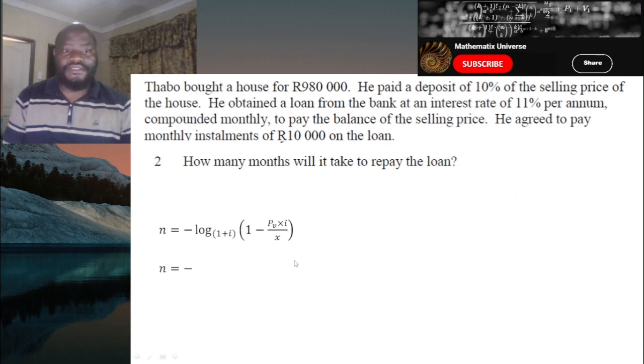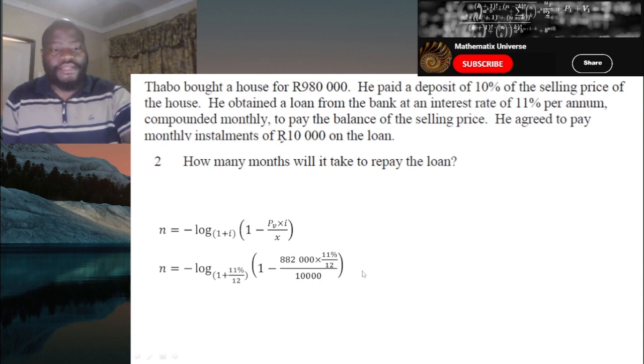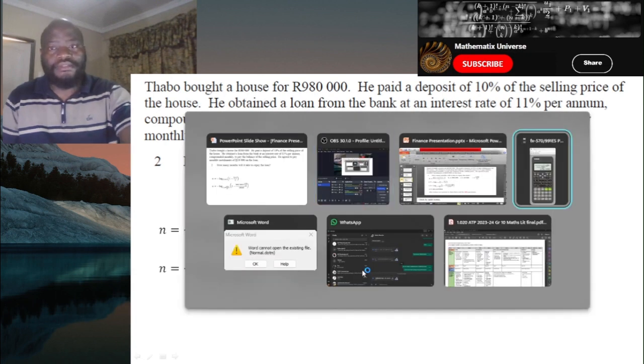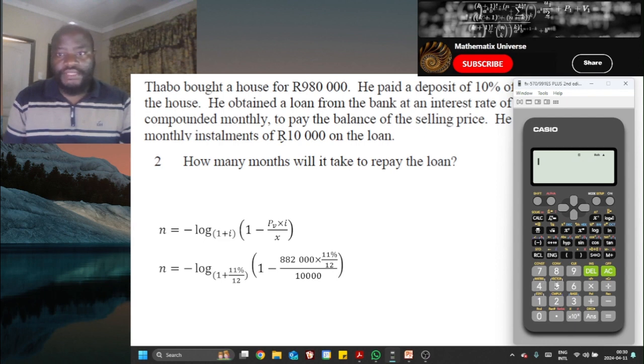And then substituting, we get negative the log of 1 plus our interest rate as the base, and then the argument of the log is 1 minus 882,000, our PV, multiplied by 11% over 12 divided by our installment X. Now let's quickly go to a calculator and see how much this is going to be.